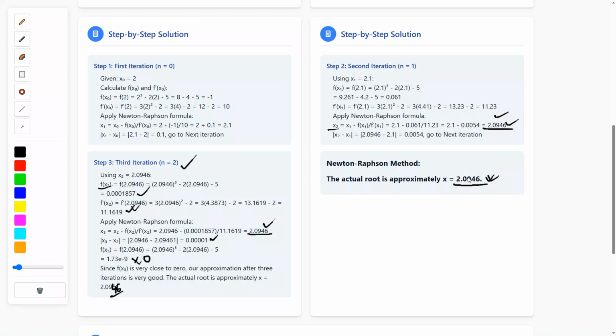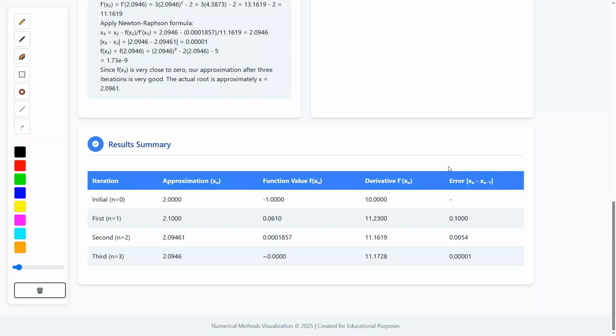Now let me summarize the result in the table. When n = 0, the approximation is x0 = 2.0, the function value is -1, the derivative is 10, and there is no error in the first iteration. When n = 1, the approximate value after Newton-Raphson is 2.1, the function value is 0.0610, and the error is 0.1000.